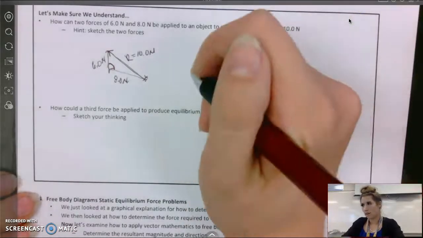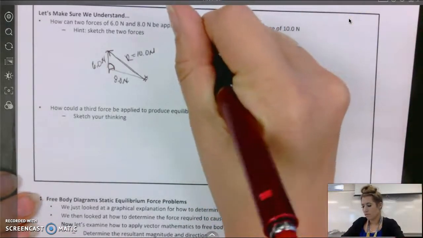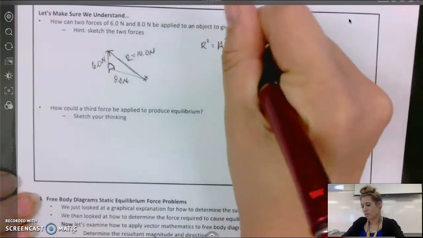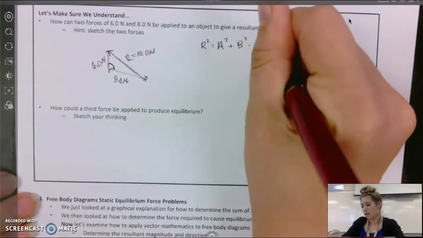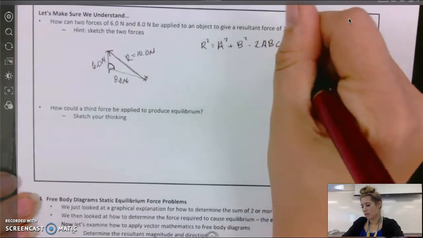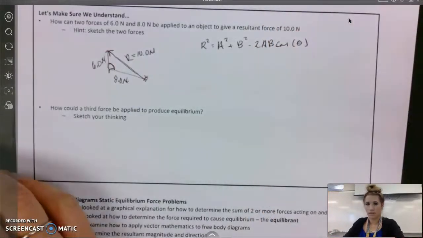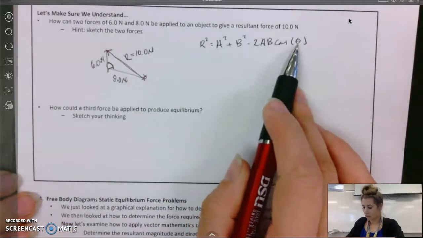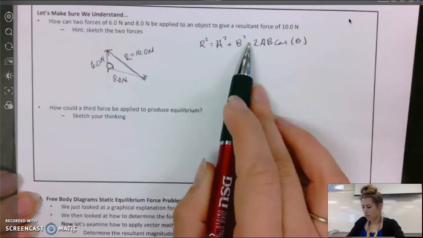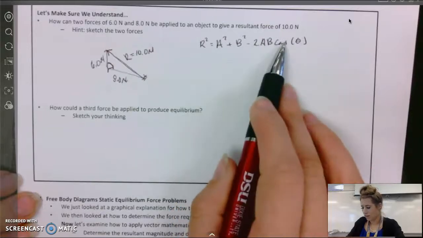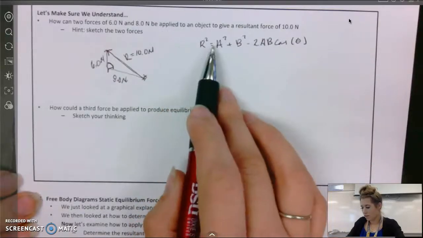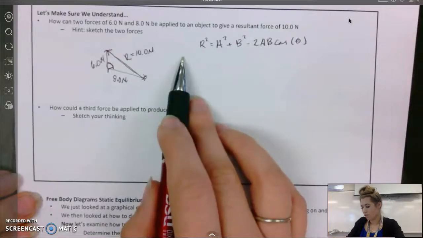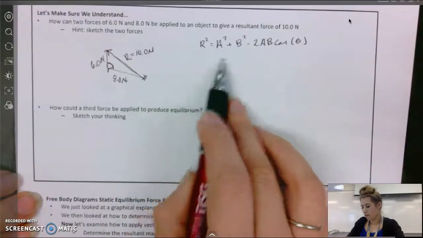So we could use the law of cosines. We could say that r squared is equal to a squared plus b squared minus 2ab cosine theta. Okay, and we could solve for theta. So this is subtracted here, so we could add it to the other side, and then minus the r value.